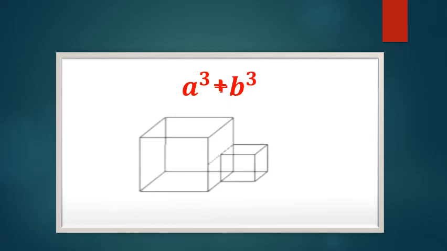We are going to derive the sum of the two cubes, and for this purpose we are going to add both these cubes, as one is the a cube, we have taken that previously, and one is the b cube. So when we will add them, how we will get that algebraic expression which will help us in solving the sums.